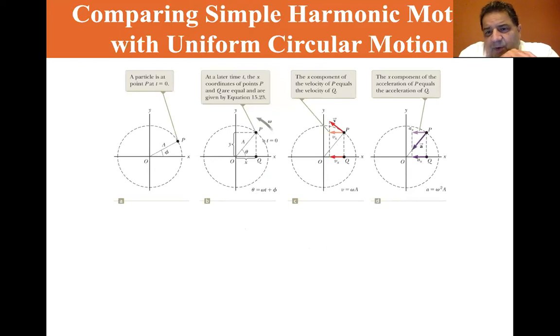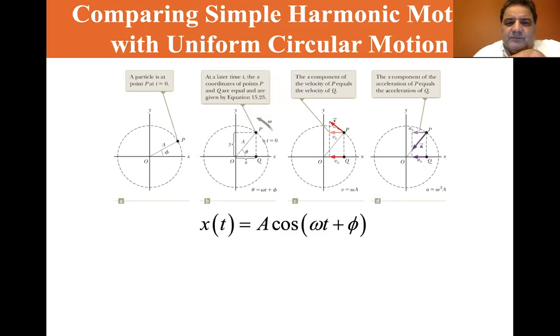Of course, we see the purple there is the centripetal acceleration. We see the tangential velocity, and we see the position. I'm going backwards now from D to A. So the particle is at point P at t equals 0. At a later time, t, the x-coordinate of points P and Q are equal and are given by equation 15.23: x(t) = A cos(ωt + φ).